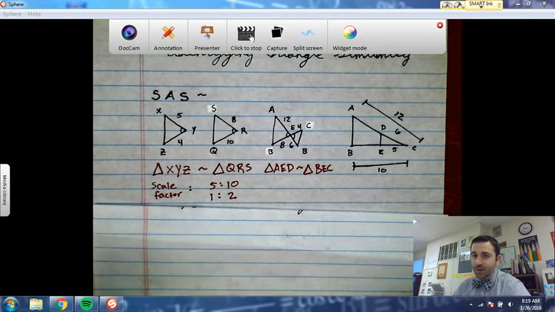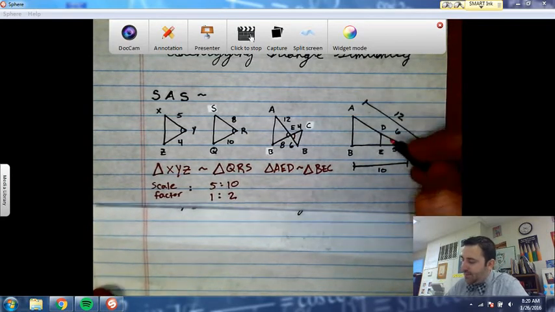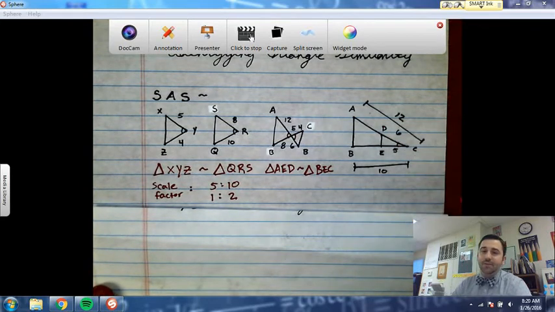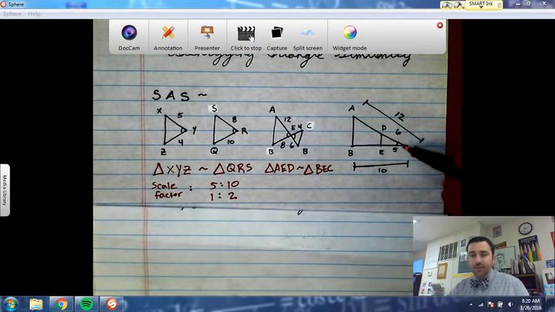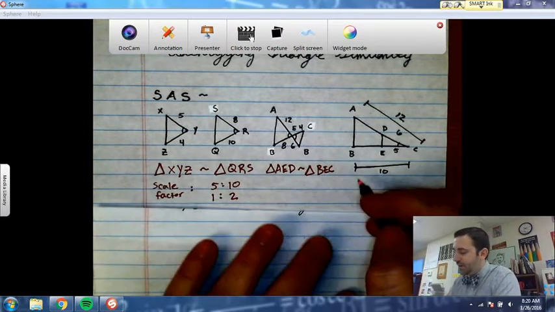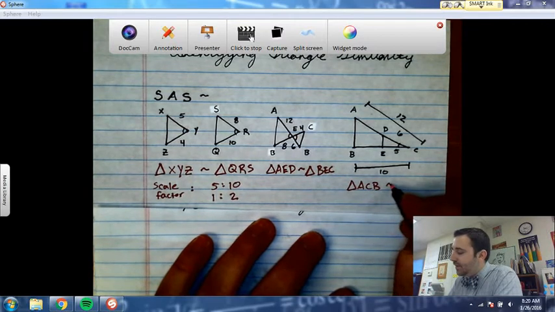Now notice in the bigger triangle ABC and in the smaller triangle DEC, I have the same angle, C. Another thing you can assume from a picture is that if I have an angle within both triangles, congruence is reflexive, meaning it's congruent to itself. So in this case, I can say triangle ACB is similar to triangle DCE.